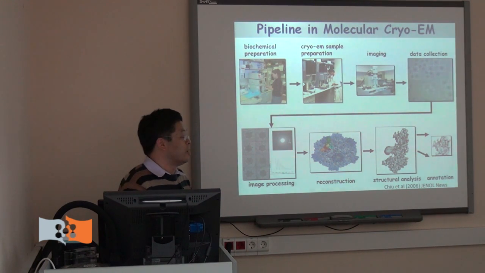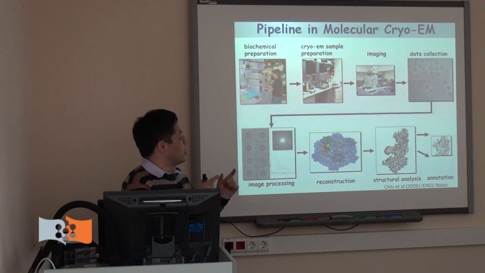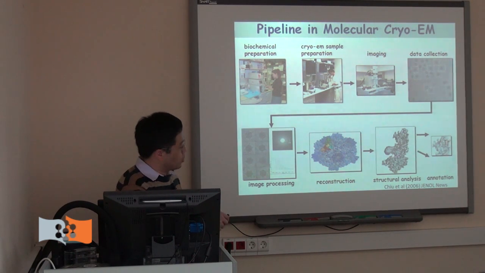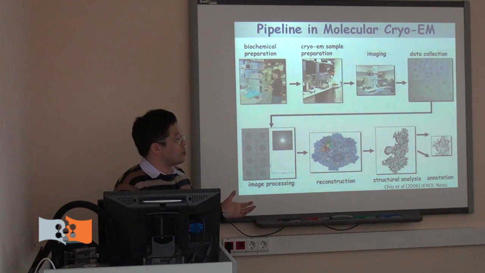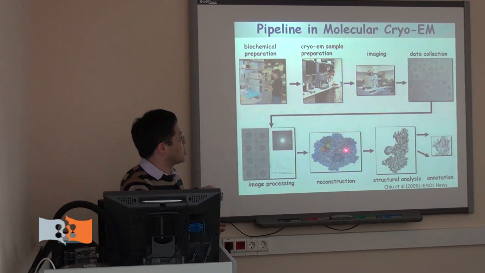In this range, you cannot see very detailed things of the atoms, like the side chains of your amino acids. But the good thing about cryo-EM compared with X-ray is that, for example, the whole virus is difficult to crystallize, but you can get the whole morphology, how your sample is overall organized.